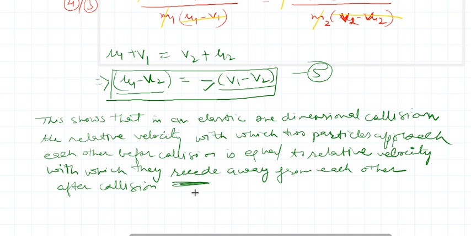We have to understand the language of mathematics, right? Now, next I will try to find out the velocity of each particle after collision. That means I am interested in finding v1 and v2.